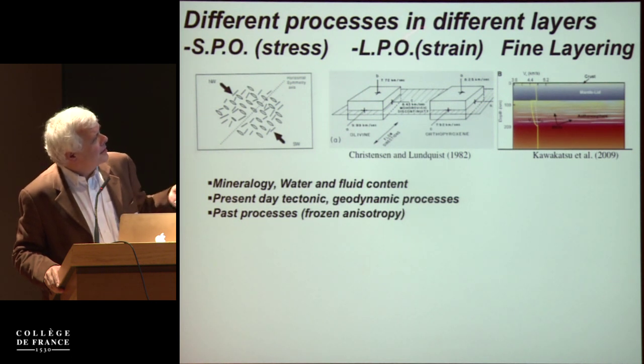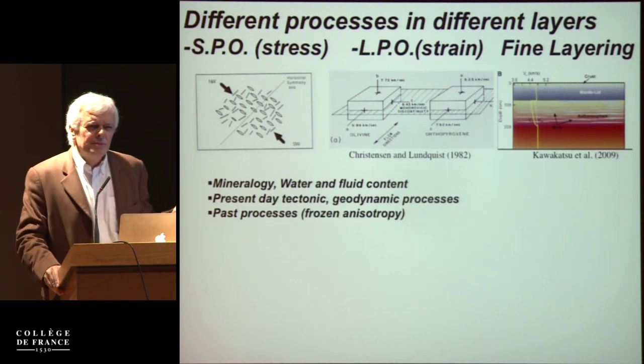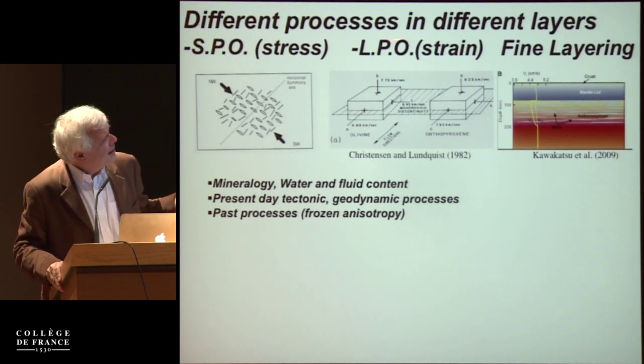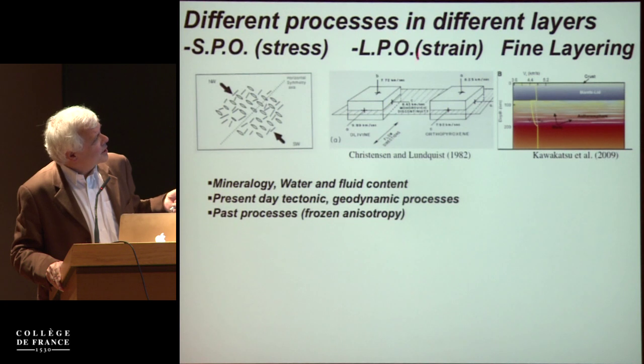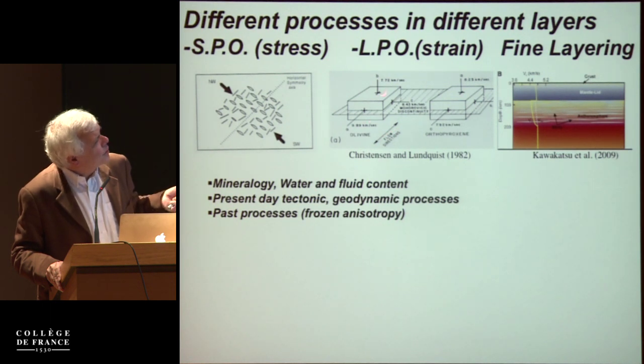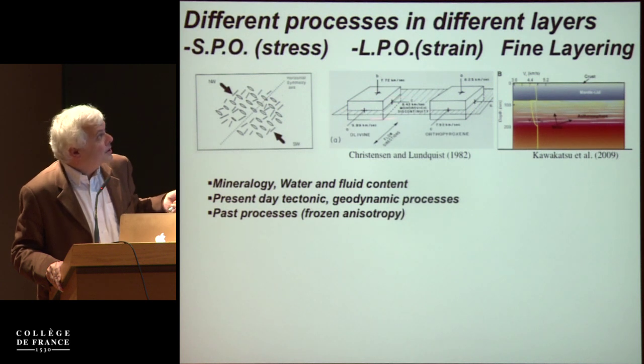The most popular interpretation of anisotropy is through LPO, which means lattice preferred orientation. If you consider, for example, olivine, the fast axis, which is about 10 kilometers per second, tends to be parallel to the flow direction, and the slow velocity is perpendicular to the flow plane.